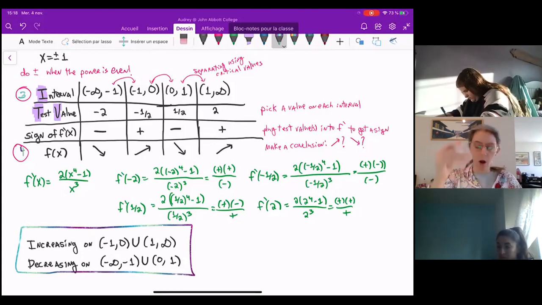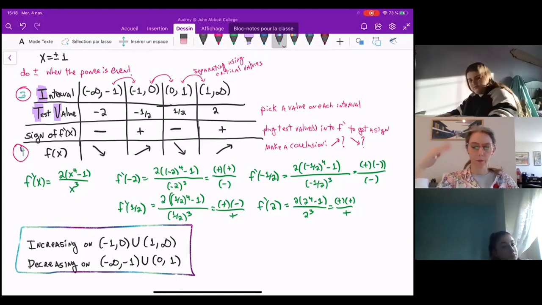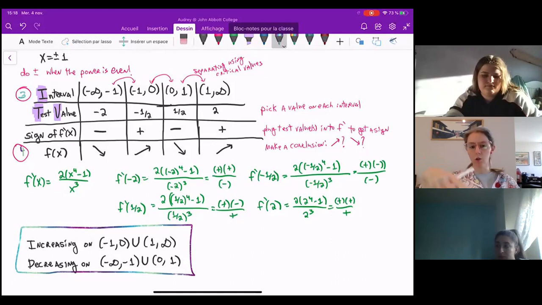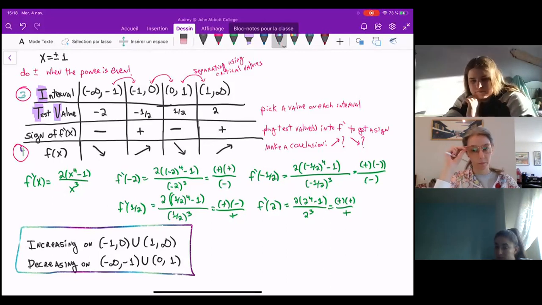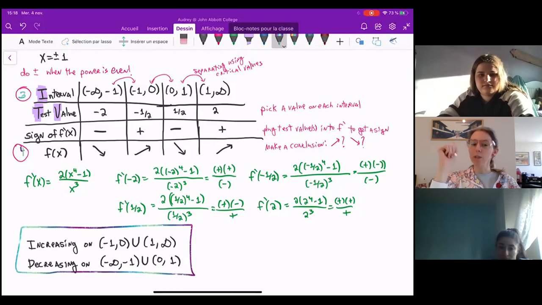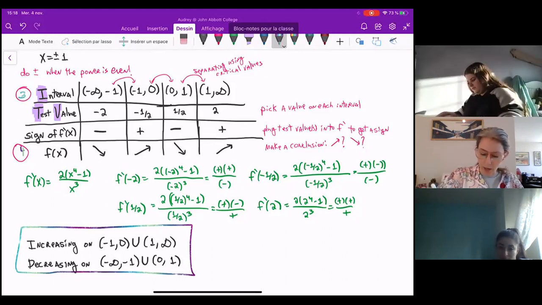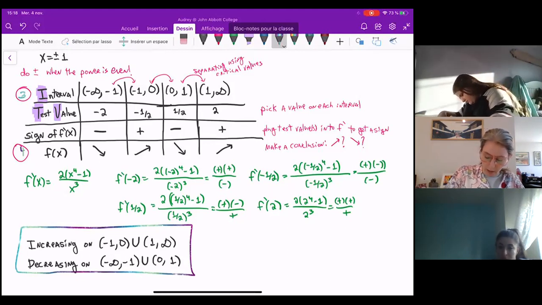Okay. Are there any questions about what we did to make this conclusion, how we applied the test and followed those guidelines? The rounded ones mean not including. So square brackets would mean including. So like you guys might have seen this before as backwards brackets like that.